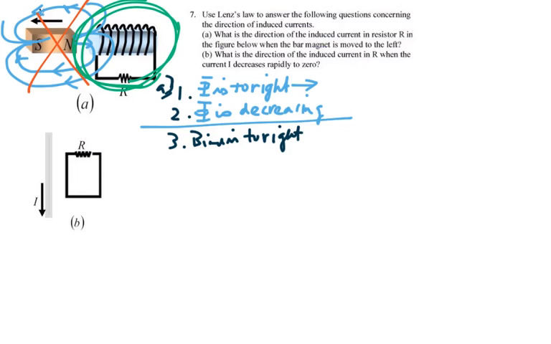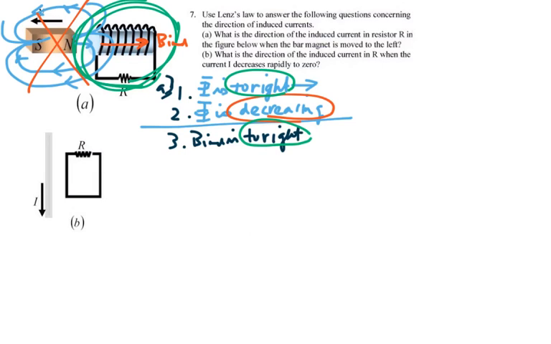Because this second answer was decreasing, this third answer to the right was the same as the answer to number 1, and that will always be the case. If the answer to 2 were increasing, then the answer to 3 would be 180 degrees opposite the answer to 1. So our induced field is to the right, going like this, through this solenoid.